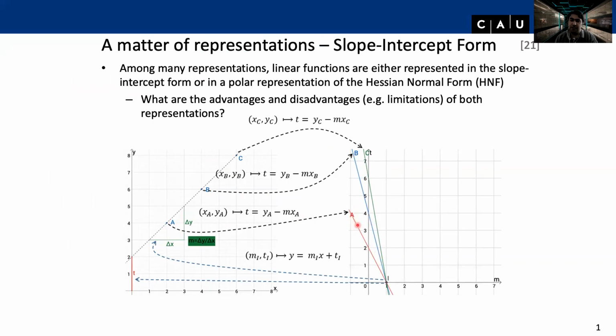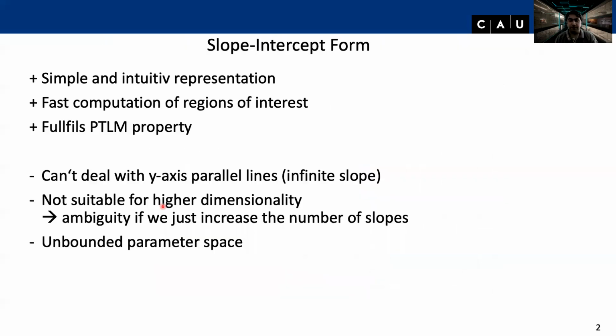So let's say this intersection point I corresponds to one line here. So exactly one point in data space corresponds to one line in half space, and one point in half space corresponds to one line in data space, in this original space.